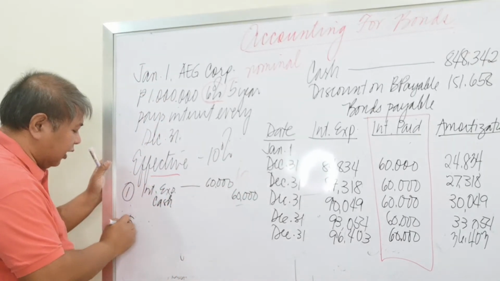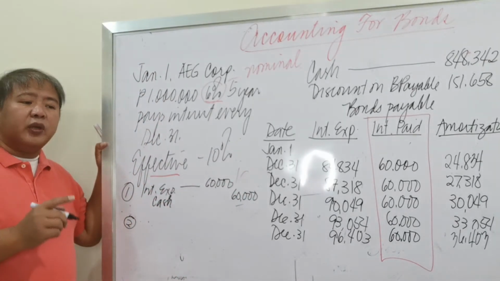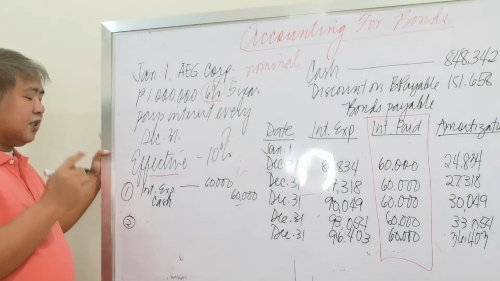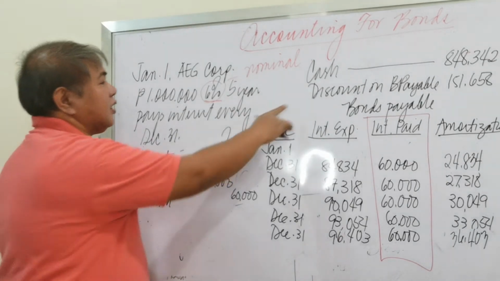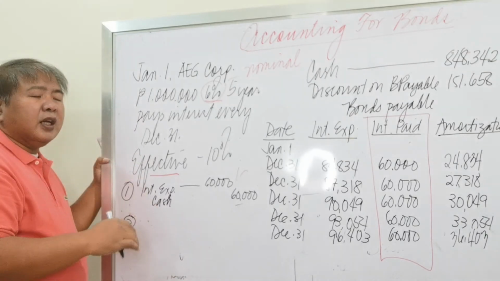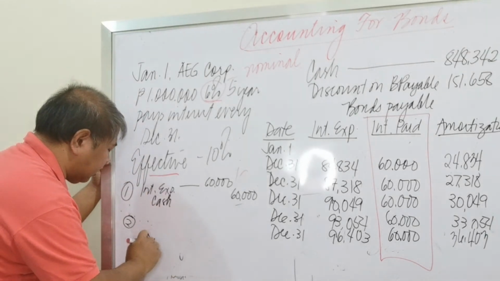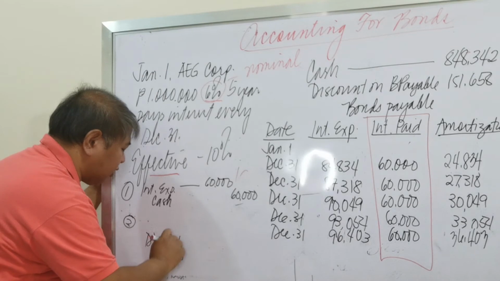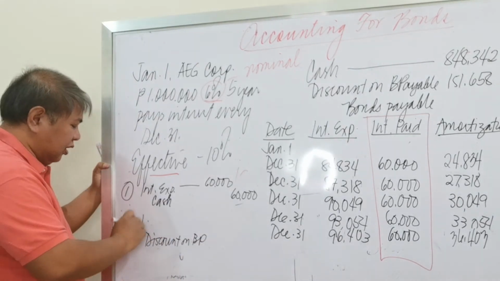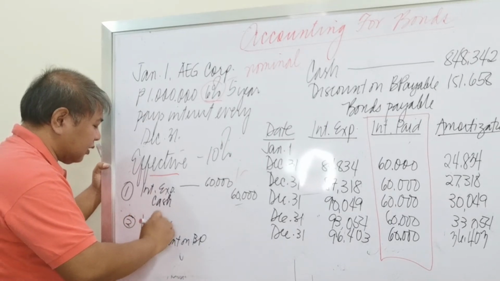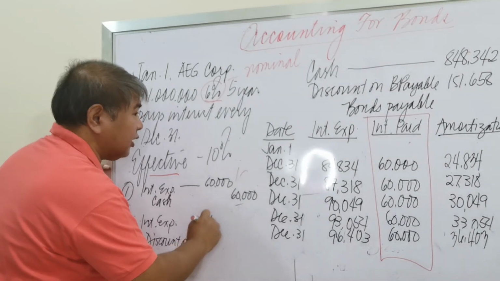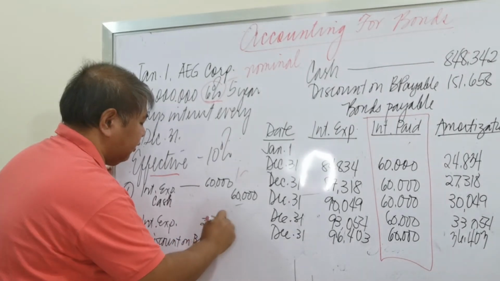And then, like what I said earlier, now we have to recognize the amortization of the bond discount. So the bond discount is a debit balance account. So to decrease that, we have to credit the discount. So credit discount on bonds payable, and the debit would also be interest expense. For how much? The first one, 24,834.